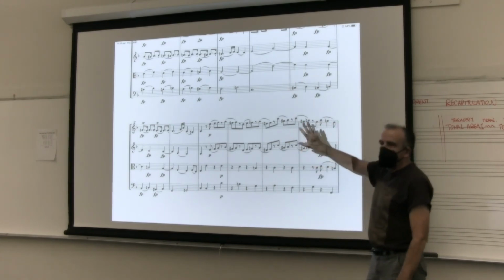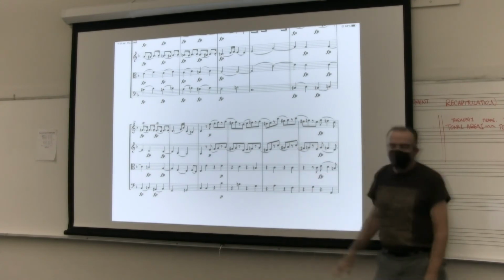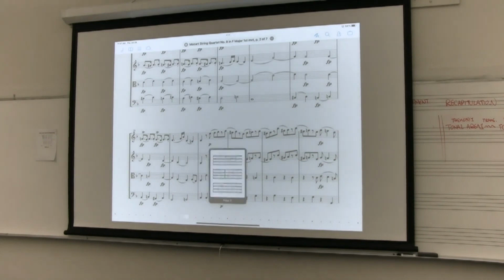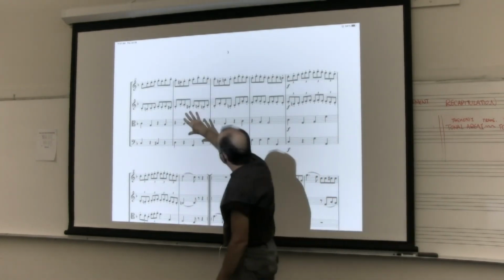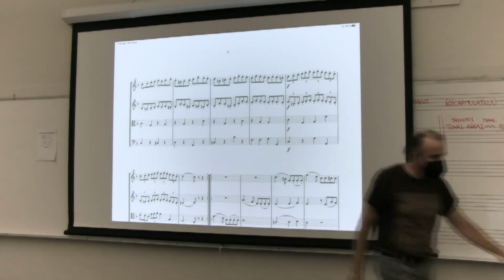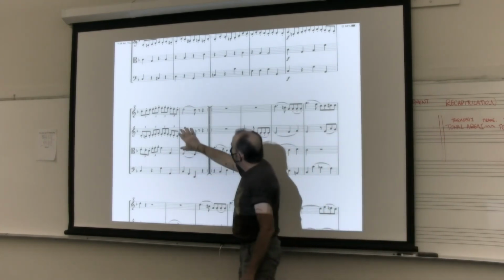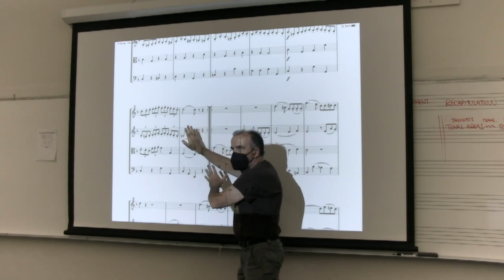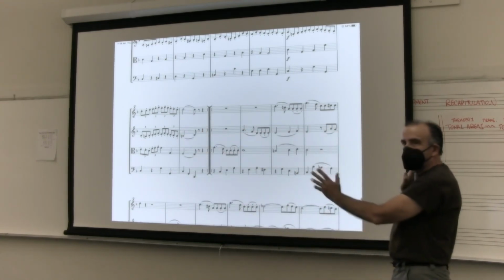Again, F sharps I know, but those are really just like appoggiaturas or non-chord tones, neighboring tones, all like that, until we repeat all this kind of solid 8th note stuff. And again, perfect authentic cadence, C major. So that's our exposition.